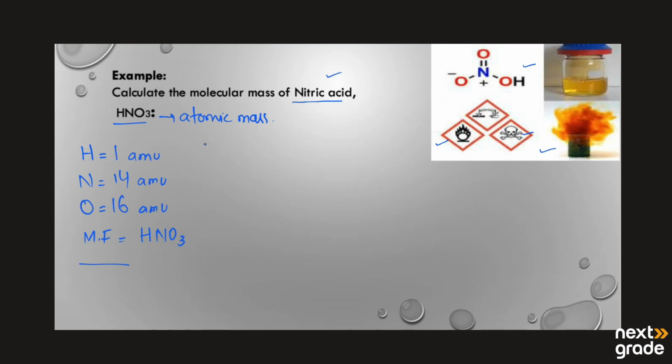Now we will put in the values for HNO3. For hydrogen we have 1, plus for nitrogen we have 14, plus for oxygen we have 16 multiplied by 3, and the sum is equal to 63 AMU. So this is the molecular mass of nitric acid. This is a simple way to find the molecular mass of different compounds.